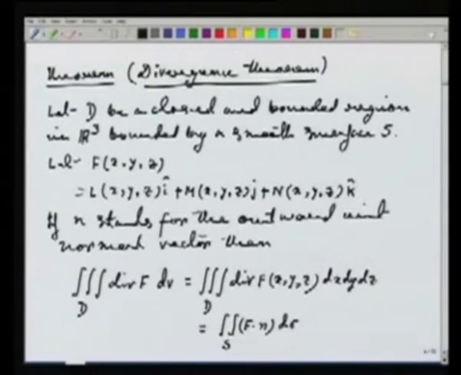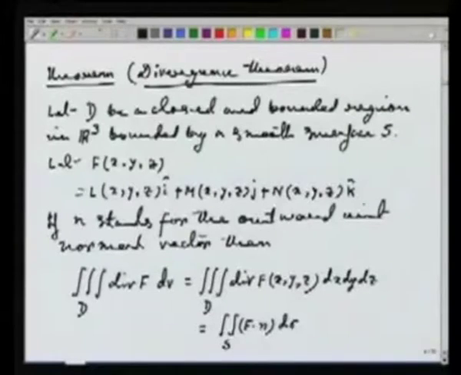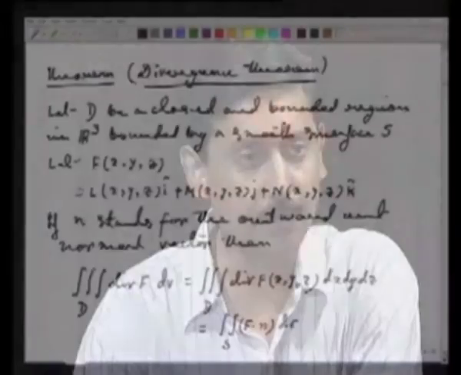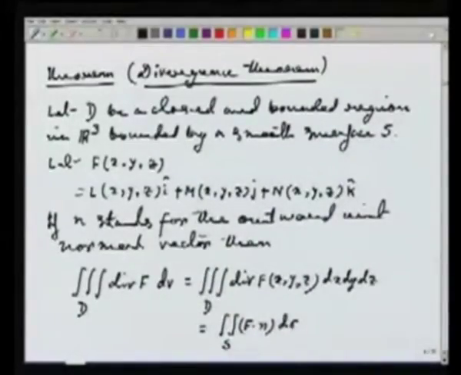It is exactly analogous to the normal form of Green's theorem. Given a function F, I can calculate the divergence F of that function, and integrate it with respect to the parameters x, y, z. The resulting integral is the same as the integral of F dot n with respect to the area of the surface d sigma on the boundary surface S. That is what the divergence theorem says. There are certain technical conditions which you will need for existence of all these integrals.